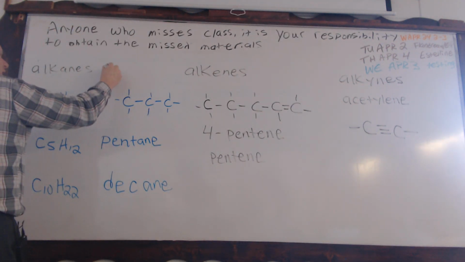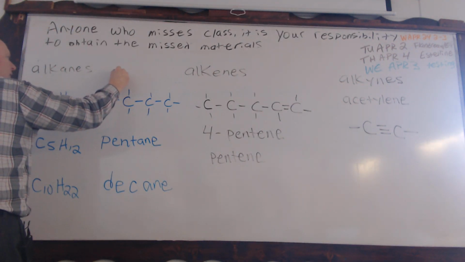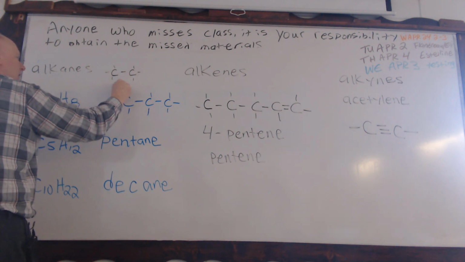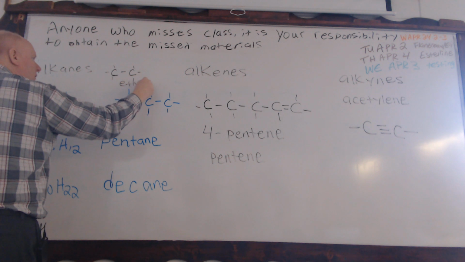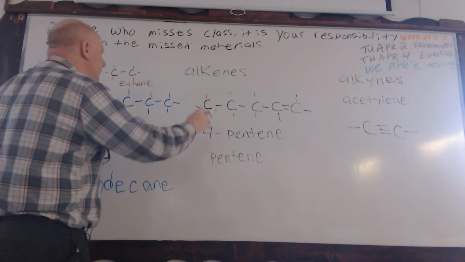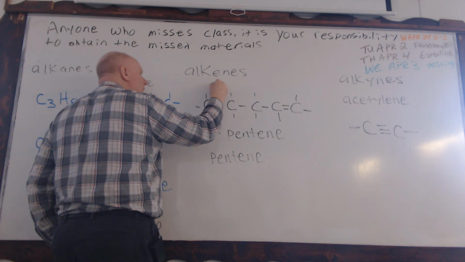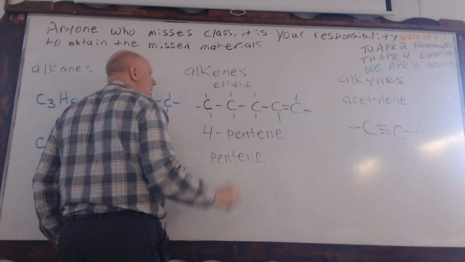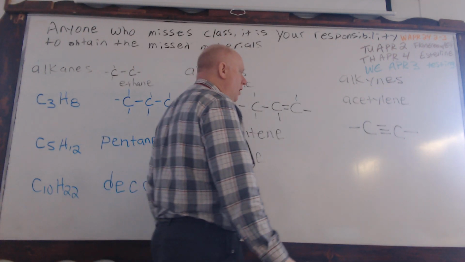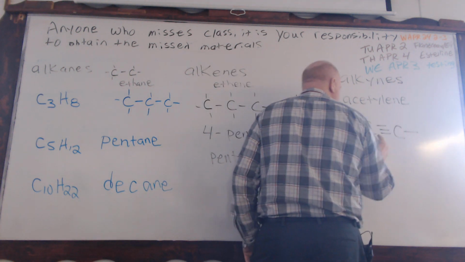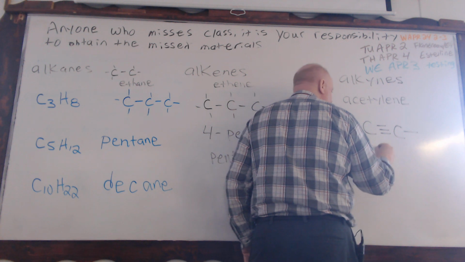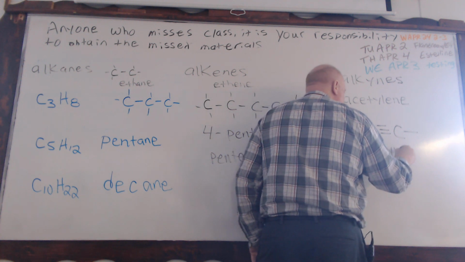What would a 2-carbon compound that's an alkane be called? This is ethane. What is a 2-carbon compound that's an alkene? Ethene. Okay, so then what would a 2-carbon compound be that's triple bonded? Acetylene. True. Scientific name, okay?